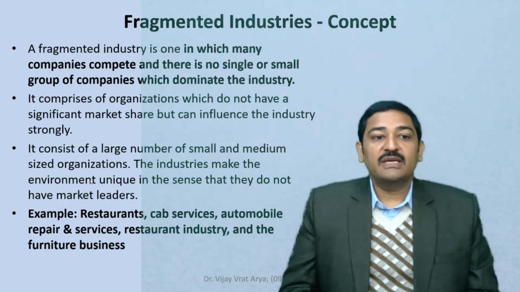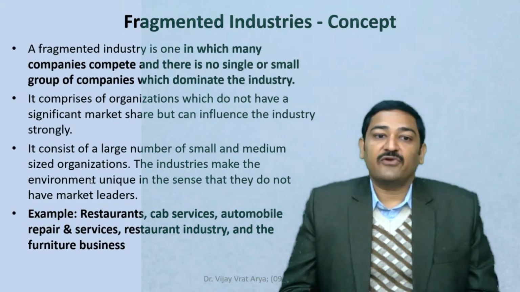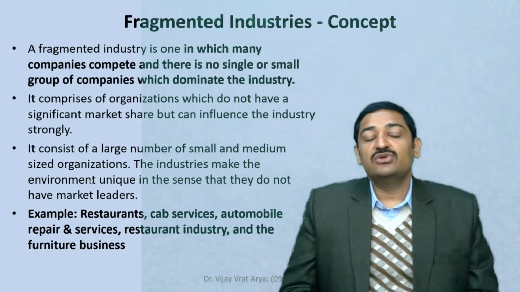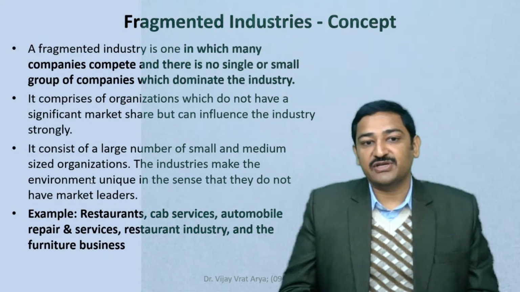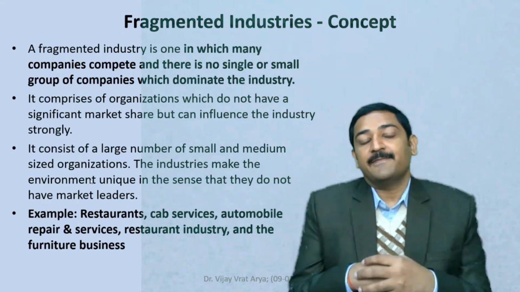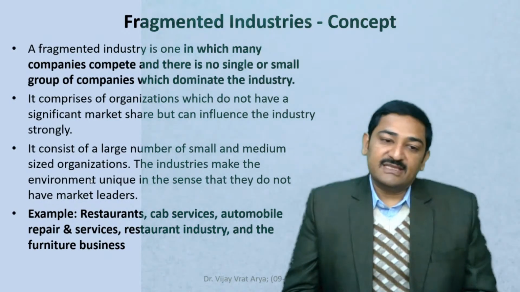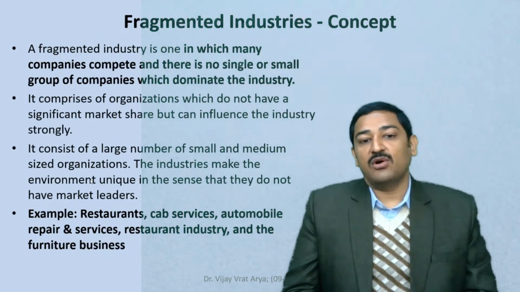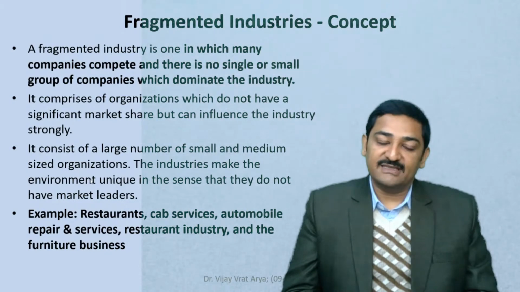It is also a kind of composition of organizations which do not have a significant market share but can influence the industry strongly. It also consists of a large number of small and medium-sized organizations.